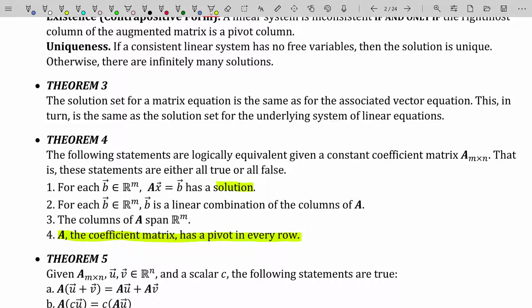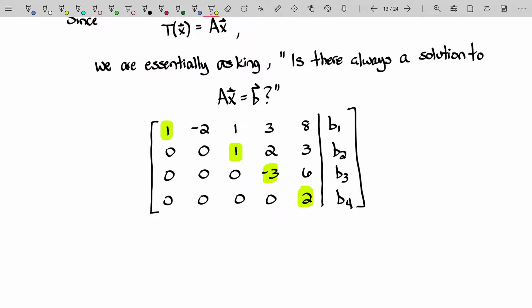Specifically, 1: for every vector B in our codomain, AX equals B has a solution. So we're going to use that here, because really we were asking that. If B is arbitrary, does AX equals B have a solution? So therefore we know that no matter what B is, because we have a pivot in each row, AX equals B will have a solution.